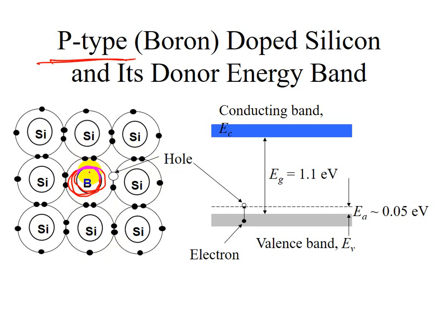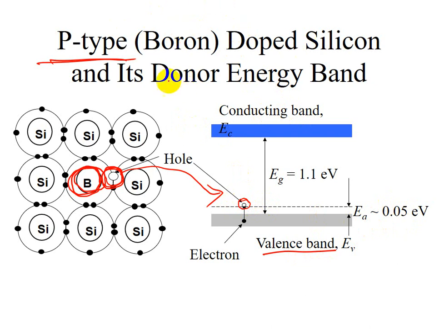So after forming covalent bonding with the neighboring silicon atoms, you are creating a hole because you want that electron. You are creating a hole over here, and the energy of this hole is somewhere above the valence band, about 0.05 electron volt, and this energy level we call the acceptor level.